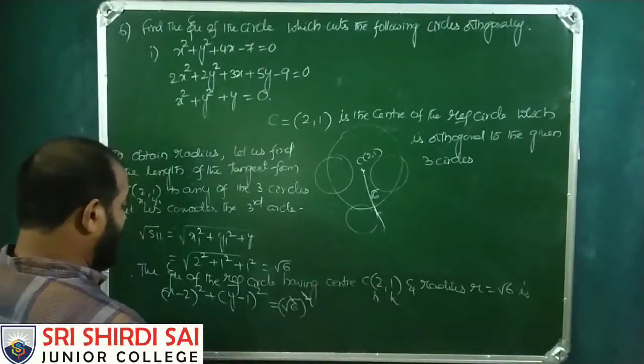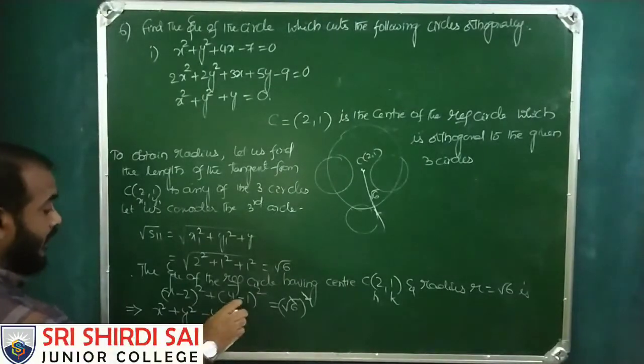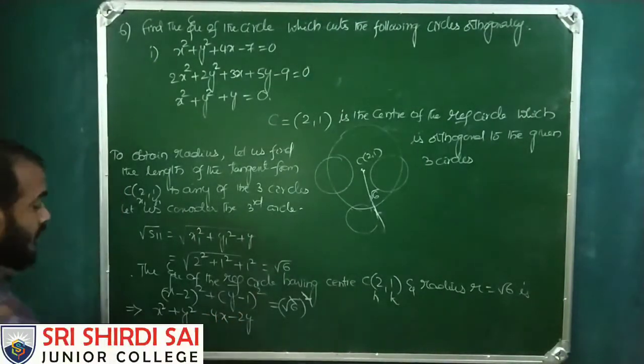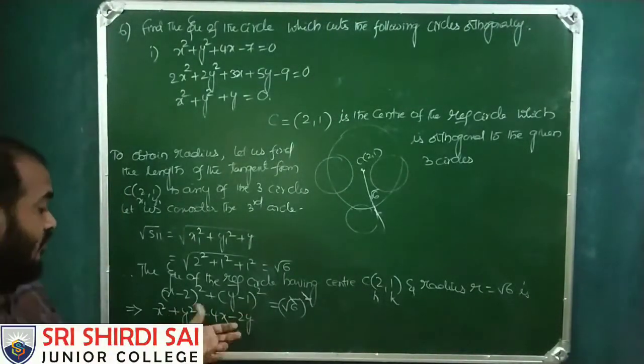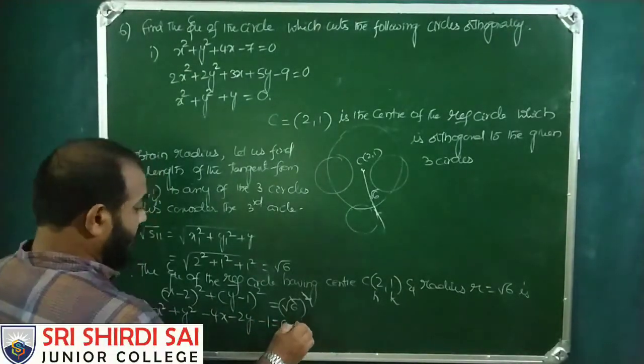The square root gets cancelled. So this is x square plus y square minus 4x minus 2y plus 5 minus 6, which is minus 1, equals 0.